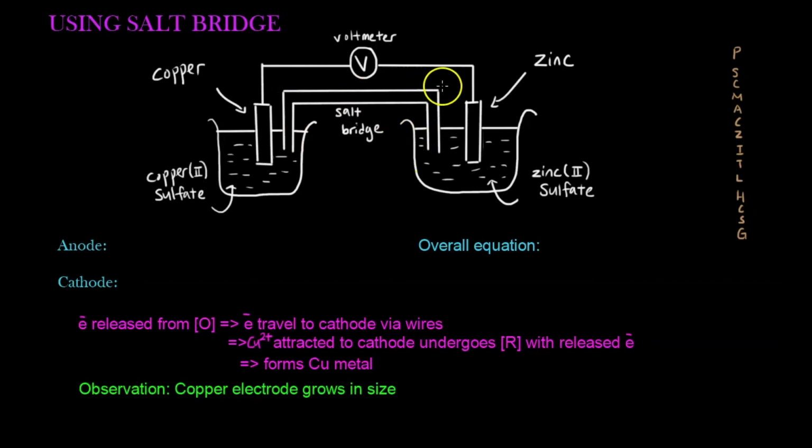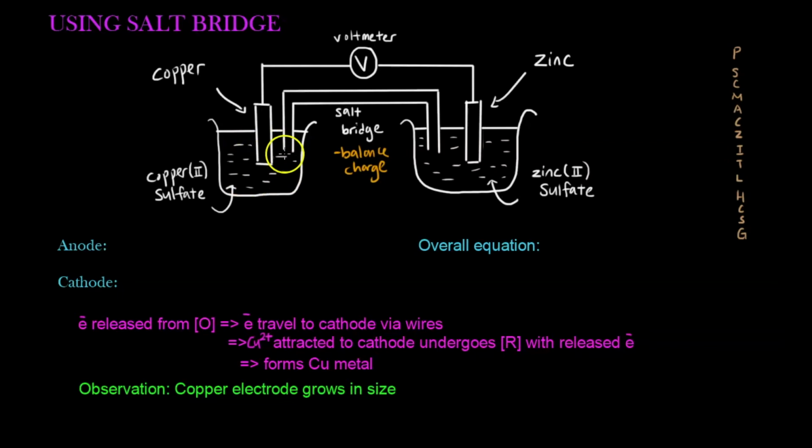So what's a salt bridge? You don't really have to know in the syllabus. Basically, they are here to balance the charges. What do I mean? For example, if this solution is too positive because of some reactions going on, I can shift some negative charges over from here, the zinc sulfate one, through this salt bridge into this one to decrease the positivity.